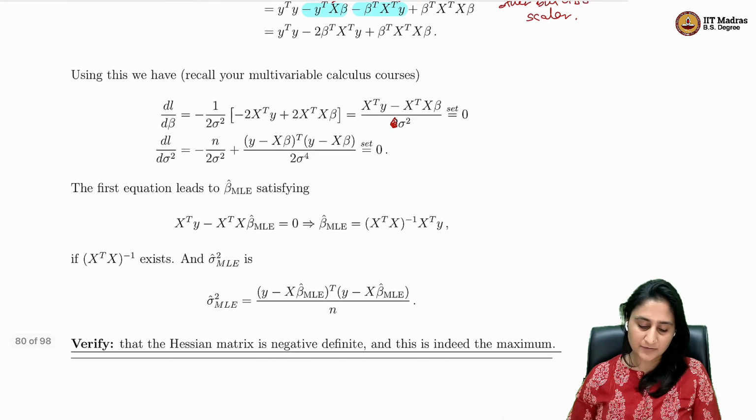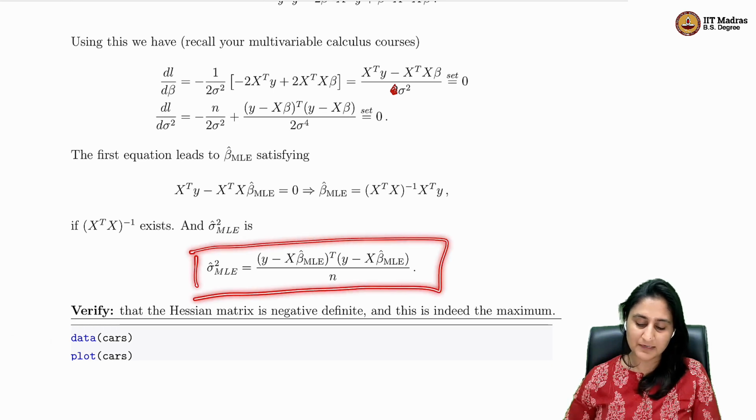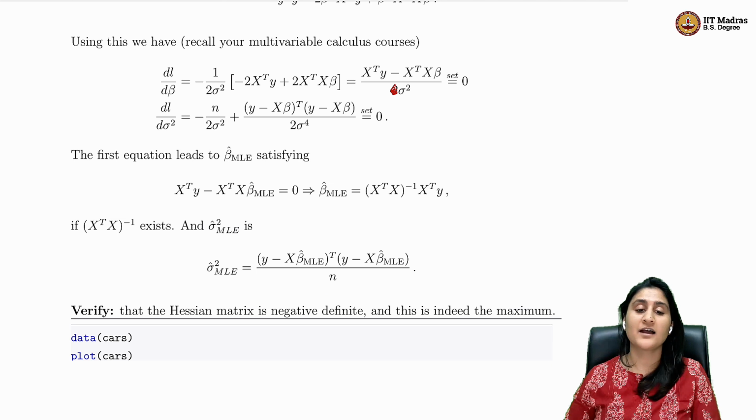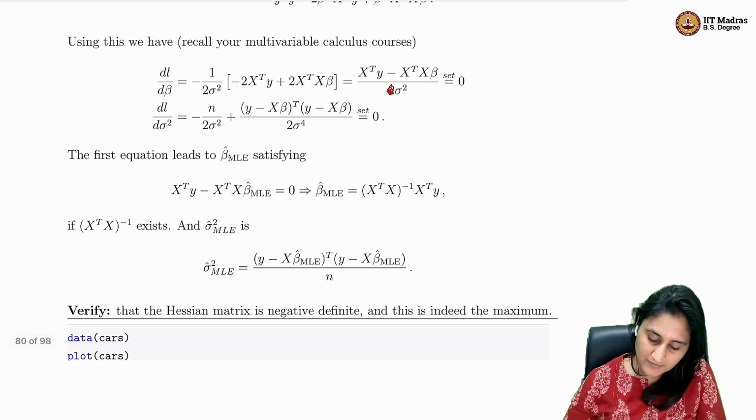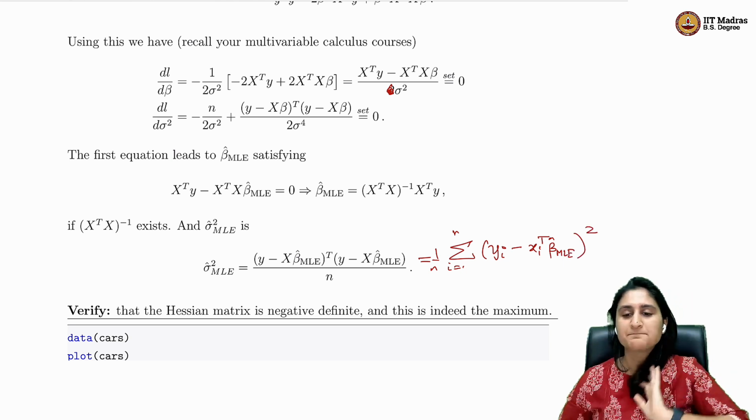And when I set that to 0, I get sigma hat squared MLE is y minus x beta hat MLE transpose y minus x beta hat MLE by n. Which, if I take a quick look at this, this transpose can simplify to 1 over n, i going from 1 to n, individual yi's minus xi transpose beta hat MLE, okay, squared. This is what this transpose comes out to be.